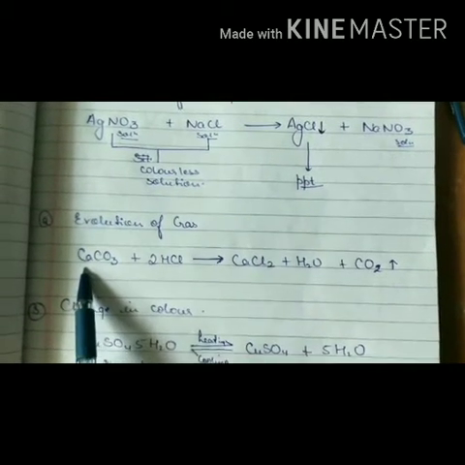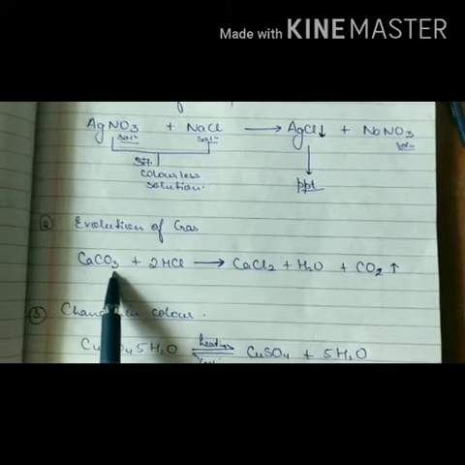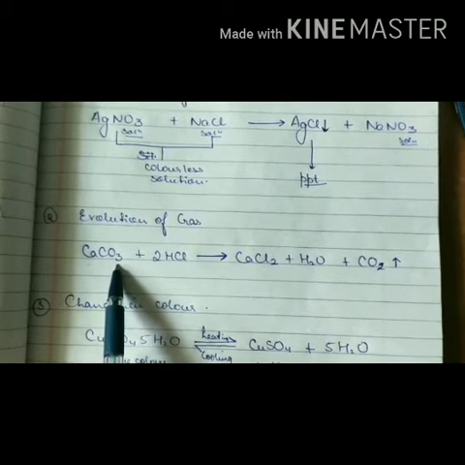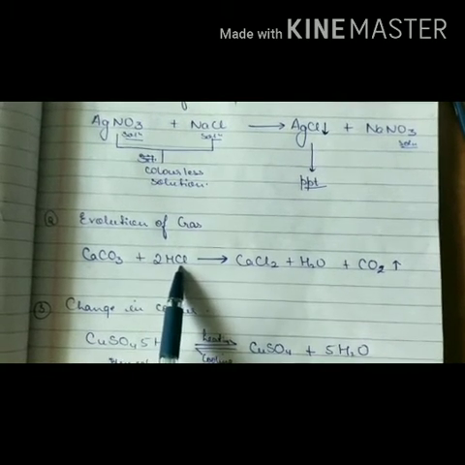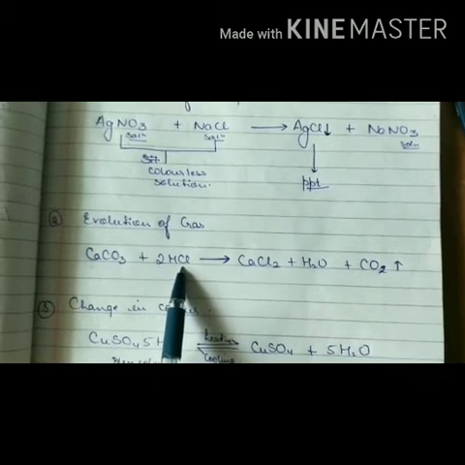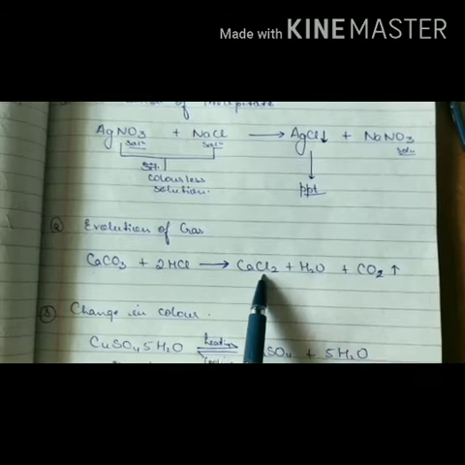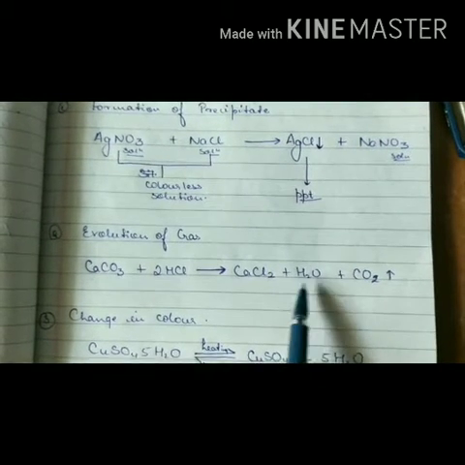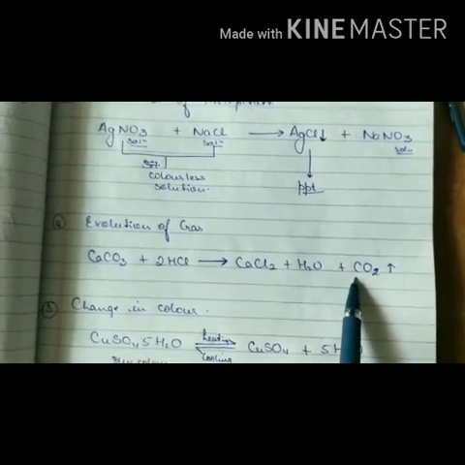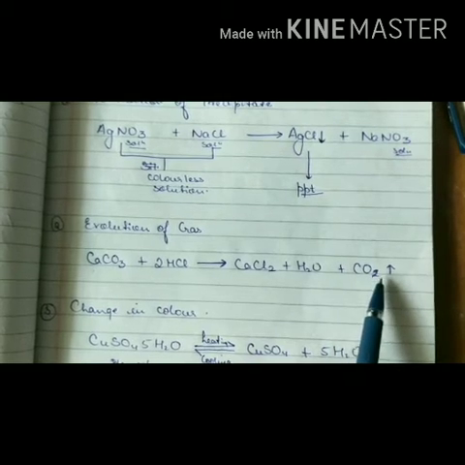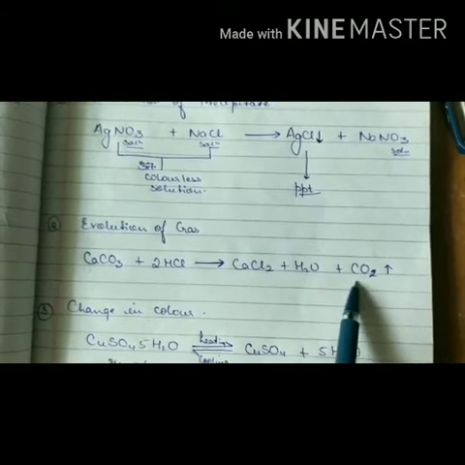CaCO3 is calcium carbonate and HCl is hydrochloric acid. They give CaCl2, calcium chloride, water H2O, and the gas which evolved is carbon dioxide, CO2.